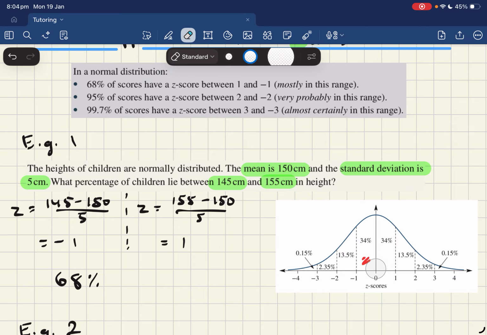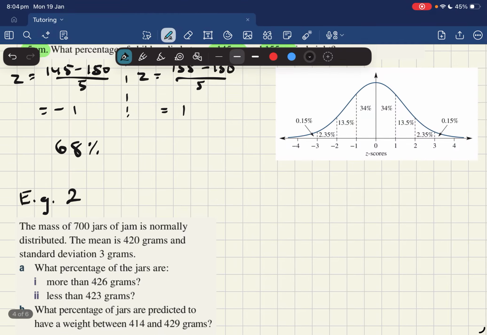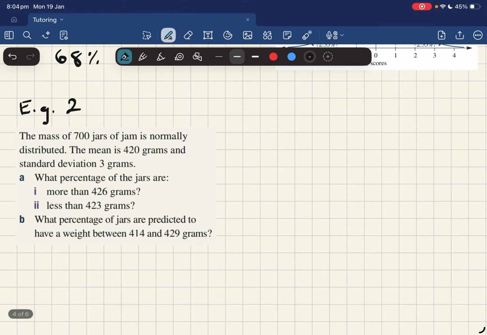So next example. We are given that the mass of 700 jars is normally distributed. The mean is 420 grams and the standard deviation is 3 grams. Part A is asking what percentage of the jars are more than 426 grams.